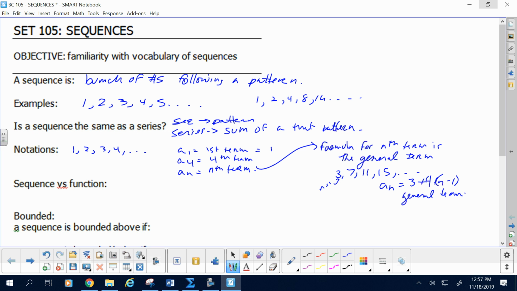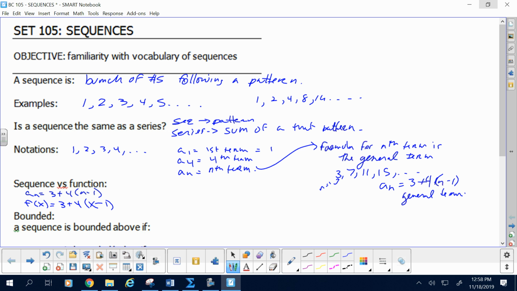Sequence versus function. There's a lot of similarities between sequences and functions. Let's say we compare a sub n, which is 3 plus 4(n minus 1), with f of x, which is 3 plus 4 times (x minus 1).